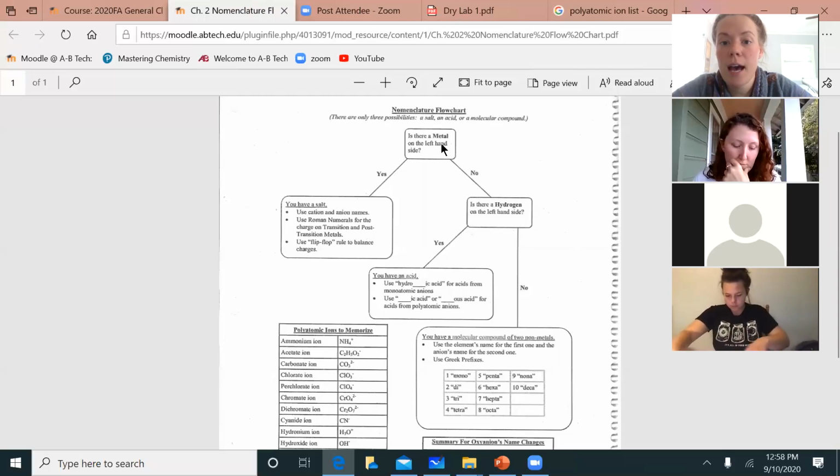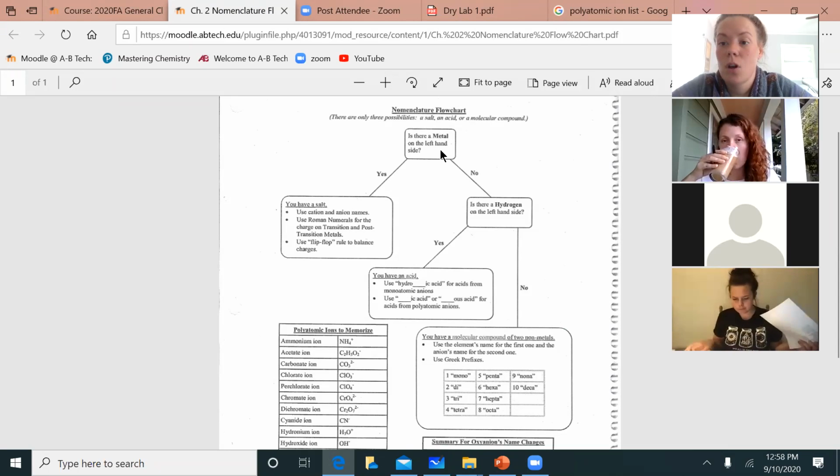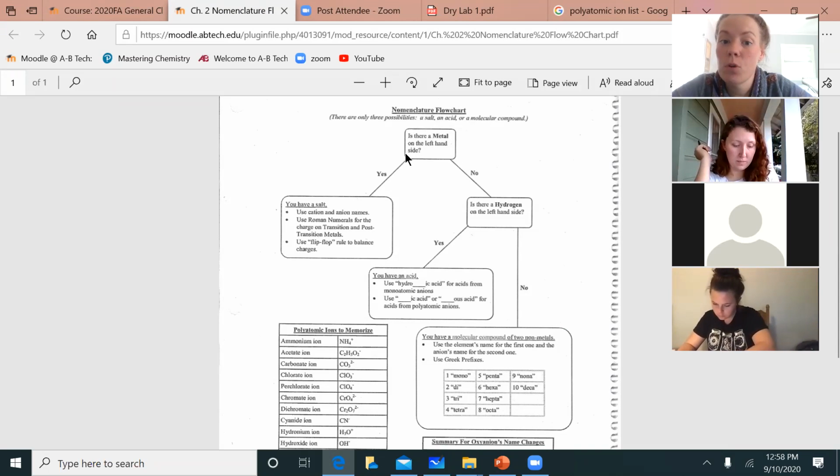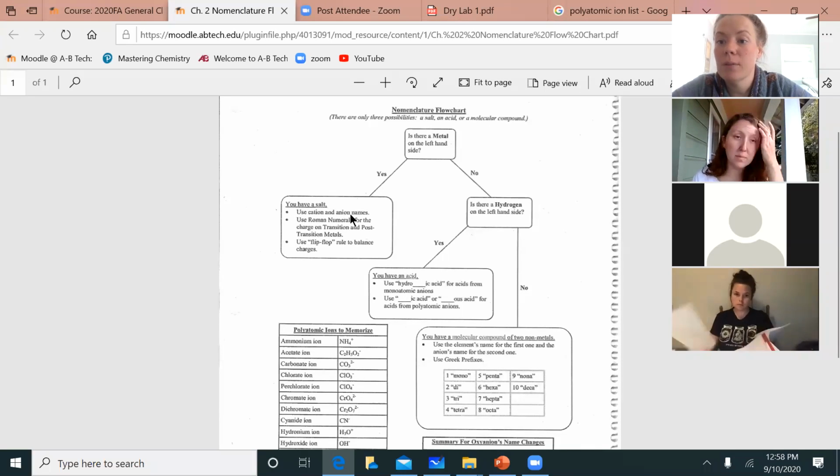So you start at the very top and you ask yourself, is there a metal on the left-hand side? So pretty much you're saying, is it ionic? And if the answer is yes, you're gonna move in this direction. You have a salt, you have a cation or a metal combined with an anion or a nonmetal.